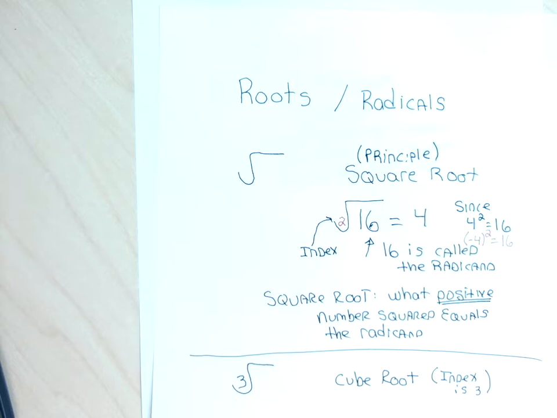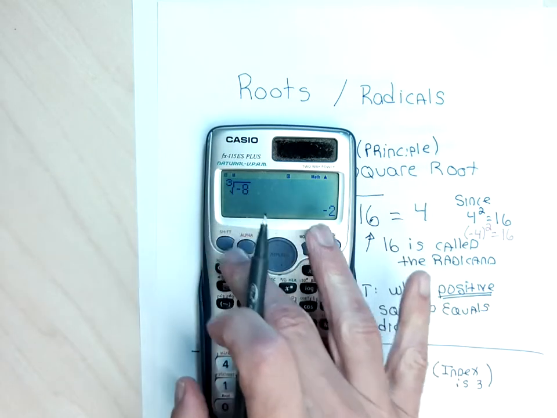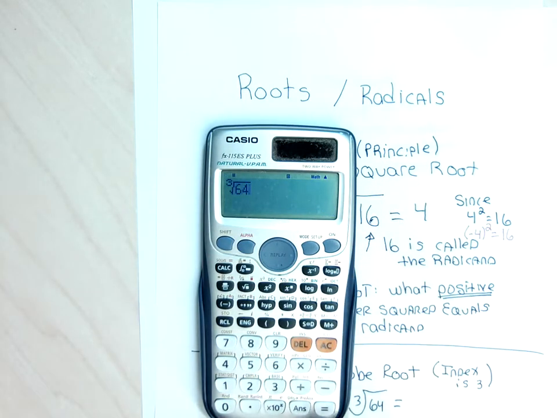If the radicand is negative and the index is odd, you get a negative answer. If the radicand is positive and you're doing an odd index like a cube root, like the cube root of 64, the cube root of 64 is just 4.